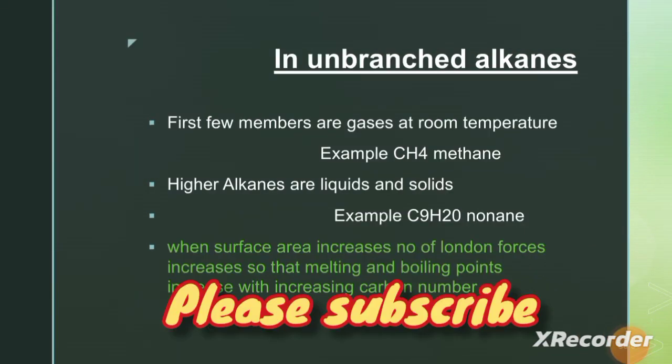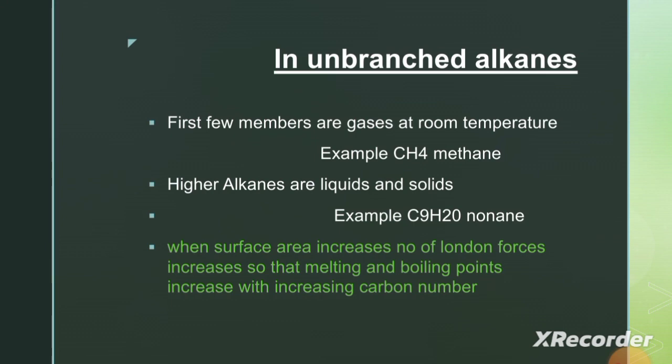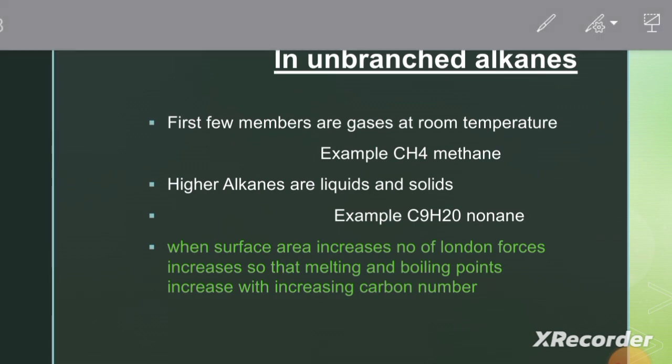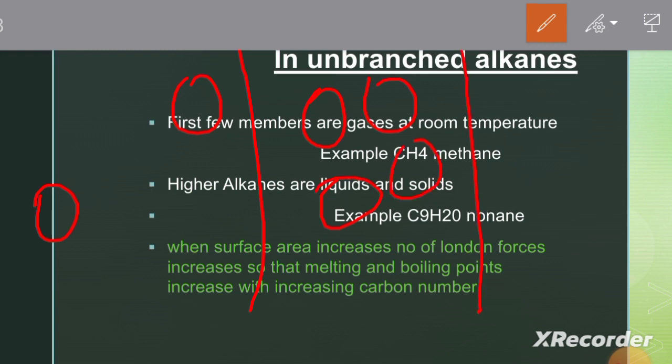In unbranched alkanes, the first few members are gases at room temperature, and higher alkanes are liquids and solids. If we compare gases, liquids and solids, the interaction between the particles in gases is very low, and in liquids there are somewhat stronger interactions than gases, and in solids there are even more attractions between the particles.